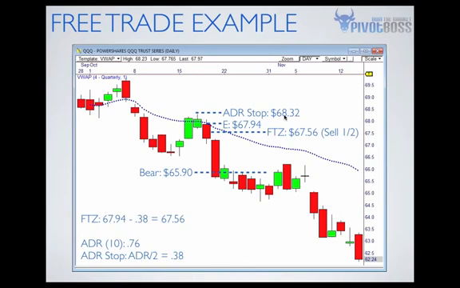Now we project those 38 cents downward from the entry to give us a free trade zone of 67.56. So we get in the trade. Later on in the trade, we actually trigger during that same day and we sell half of our position and leave the rest with the original stop. We have a free trade. Now we sit there and collect money the rest of the way.